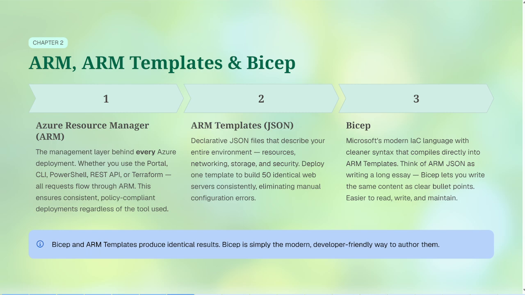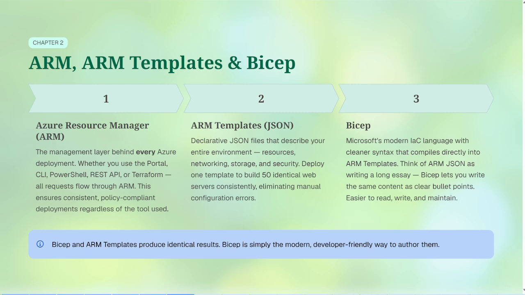ARM validates the request, checks Azure Policy and RBAC permissions, and then creates the resources. This guarantees a consistent deployment process regardless of the tool used.